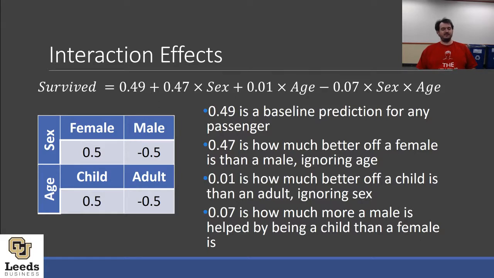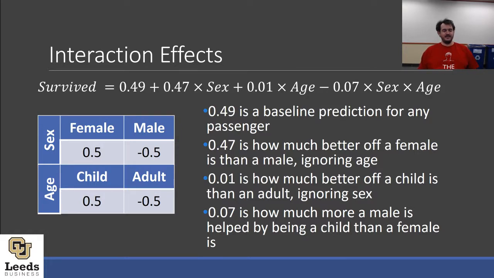What's the 0.47 that comes next? It's how much better off a female is than a male. So how much more likely a female is to survive than a male, ignoring their age. Similarly, we have 0.01 is how much better off a child is than an adult, ignoring their sex.